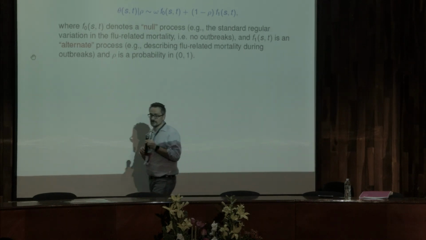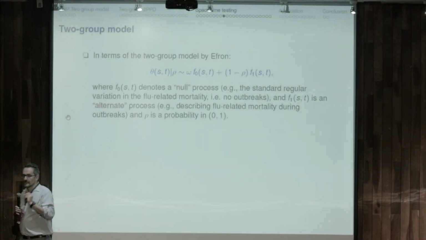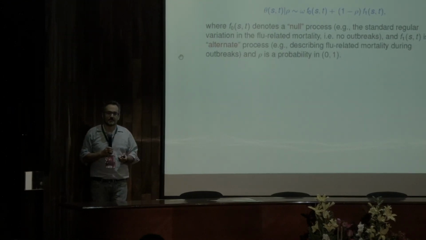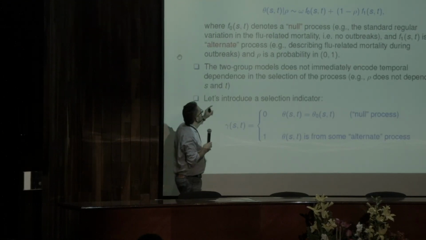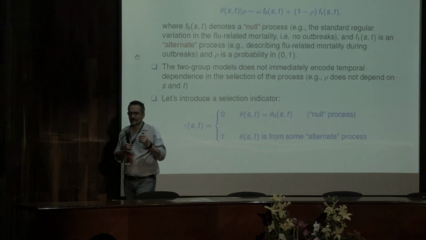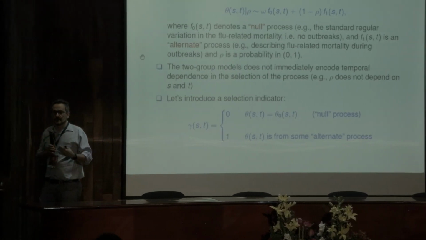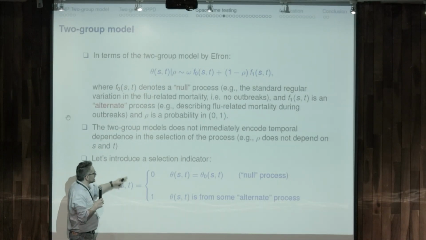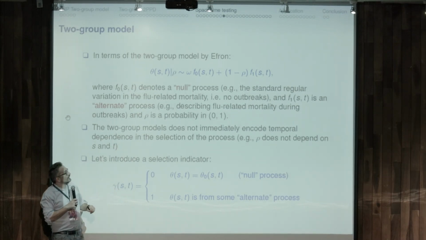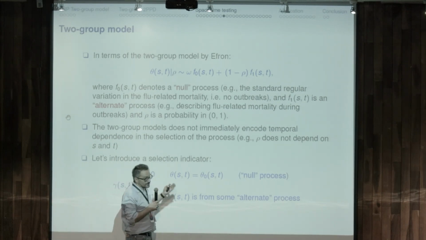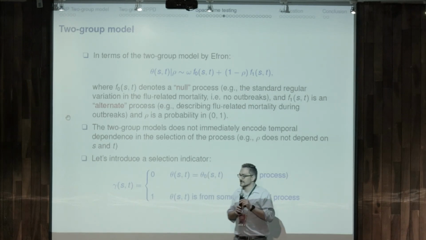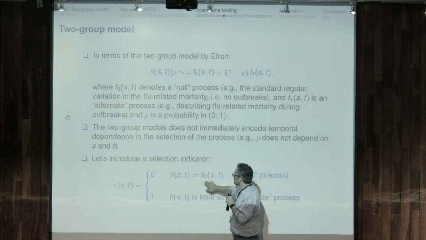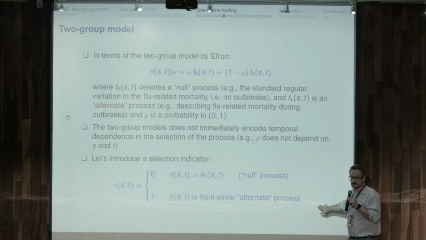Here, the issue with this type of model is clear because, while there is a variation over space and time of F0 and F1, what we miss here is variation over time of the probabilities W of choosing F0 or F1. So one eventually may want to have a selection indicator gamma_ST that, with some probability W that may change over space and time, is indicating if we are in the null process or in the alternative process.